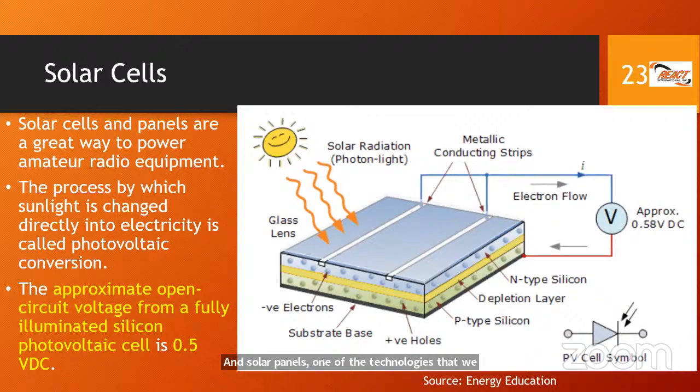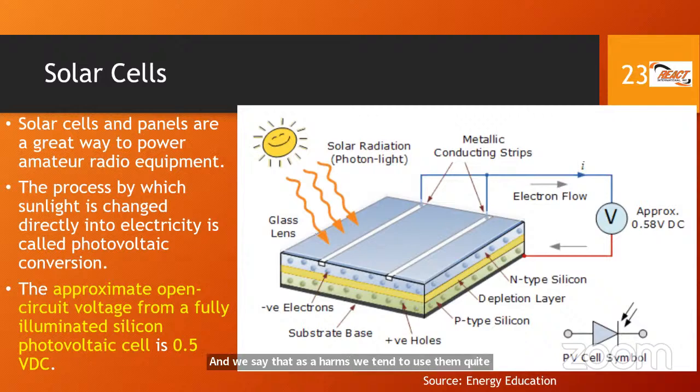So as amateur radio operators as well, we can use it, and we do, especially for off-grid operation, emergency operations, emergency communications, or just to test our emergency capability. We may have solar panels, and solar panels consist of solar cells, right? And as hams, we tend to use them quite often off-grid.